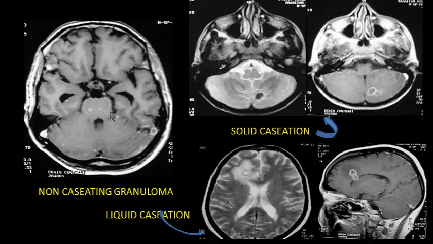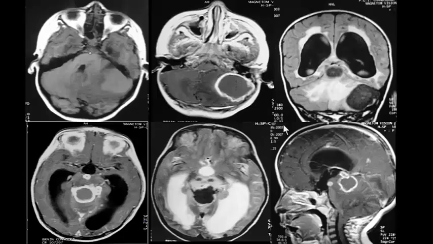This is a kind of nodular enhancement, solid, non-caseating granuloma, T2 hypo, ring enhancing lesion. This is solid caseation with tuberculoma, and T2 central hyperintensity with hypointense rim with ring enhancement you can see in liquid caseation.